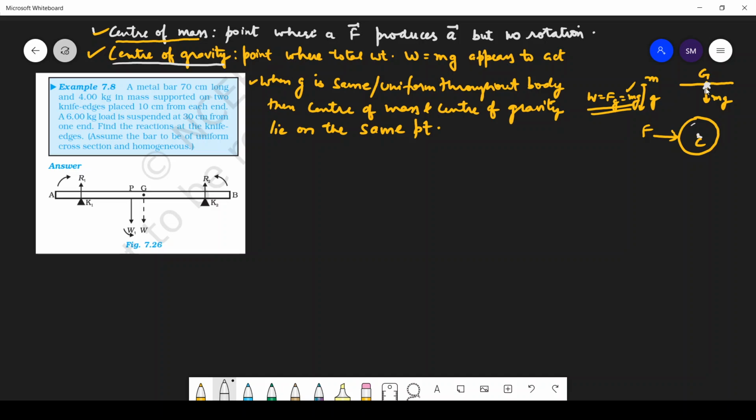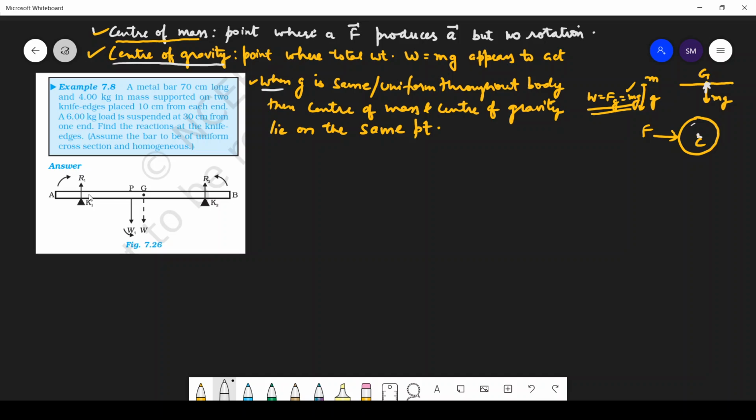This rod will be balanced if you give a support at the center of gravity, applying the same force upward as its weight. Now when g, the acceleration due to gravity, is uniform throughout the body, then the center of mass and center of gravity lie on the same point.